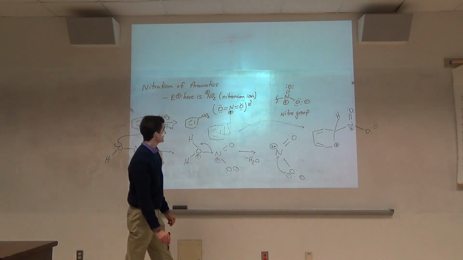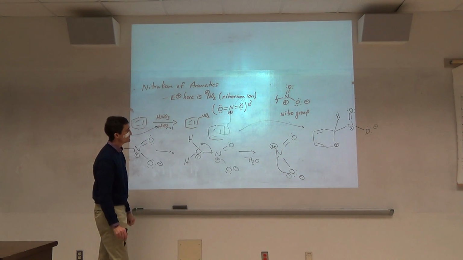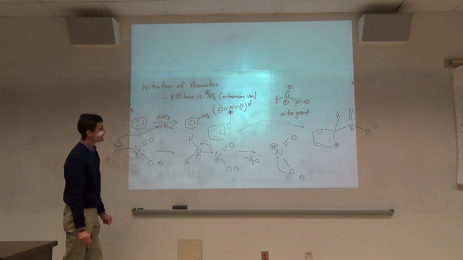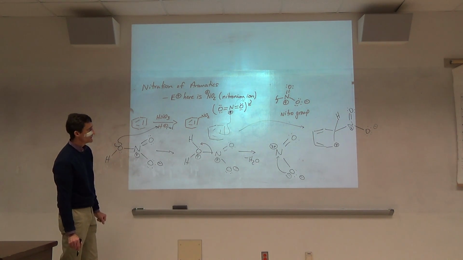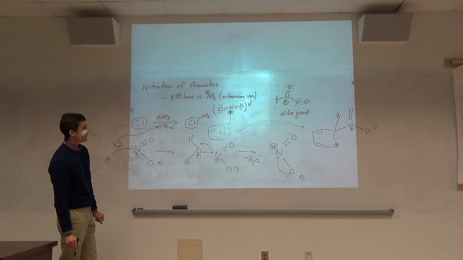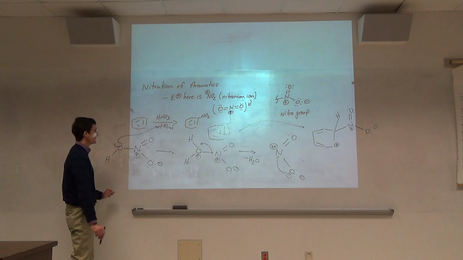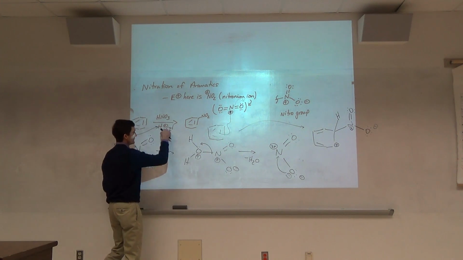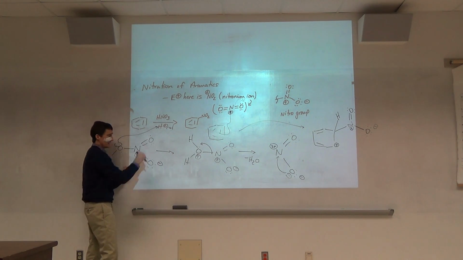What do we need to do next to get the final product? Something takes the H. What could take the H? Water always works when you're under acidic conditions. For me, I like to use the minus that's here. What acid catalyst did we use?